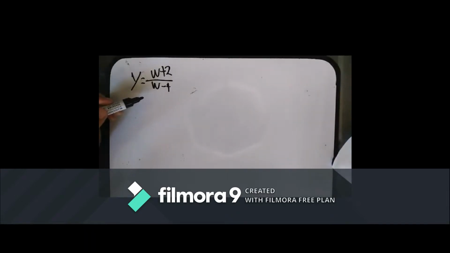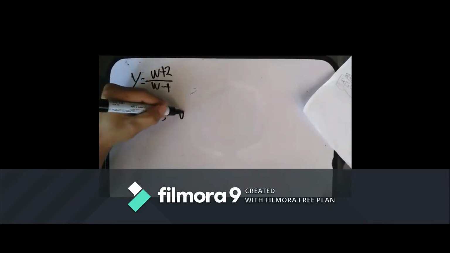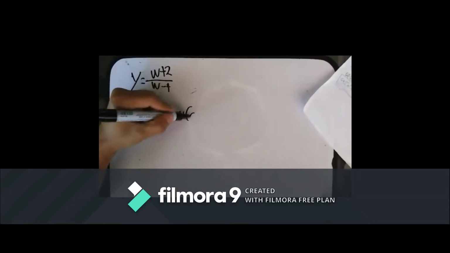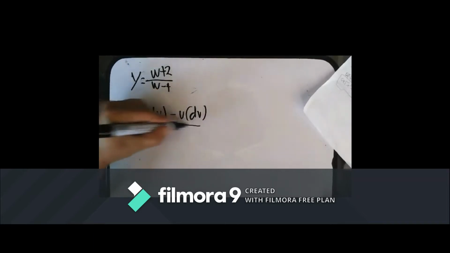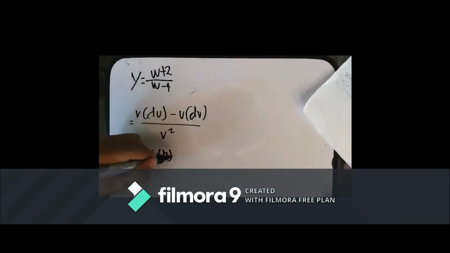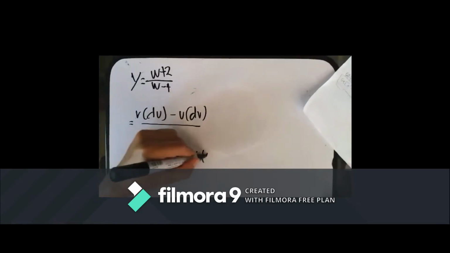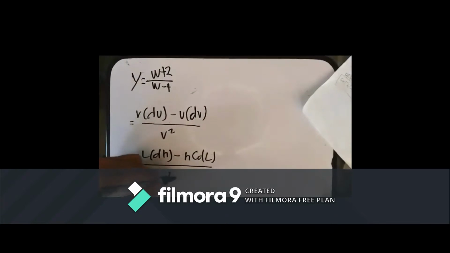So the formula that we will use is vdu minus udv over v squared, or low d high minus high d low over low squared.